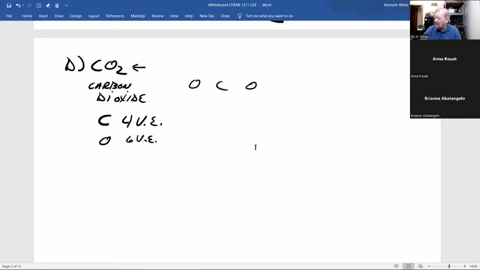Remember the octet rule. Remember the 3 types of covalent bonds: single, double, triple. And when you're done, give me a thumbs up.